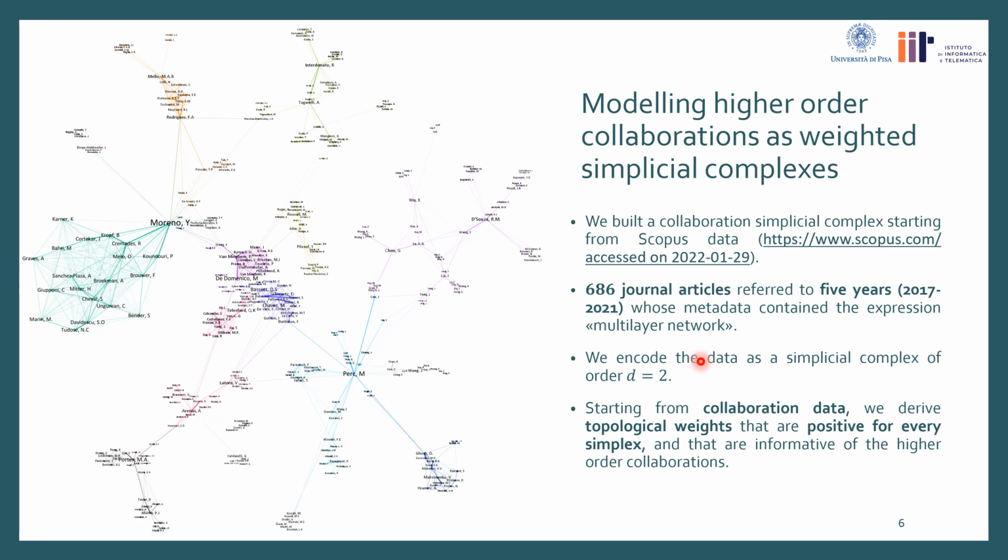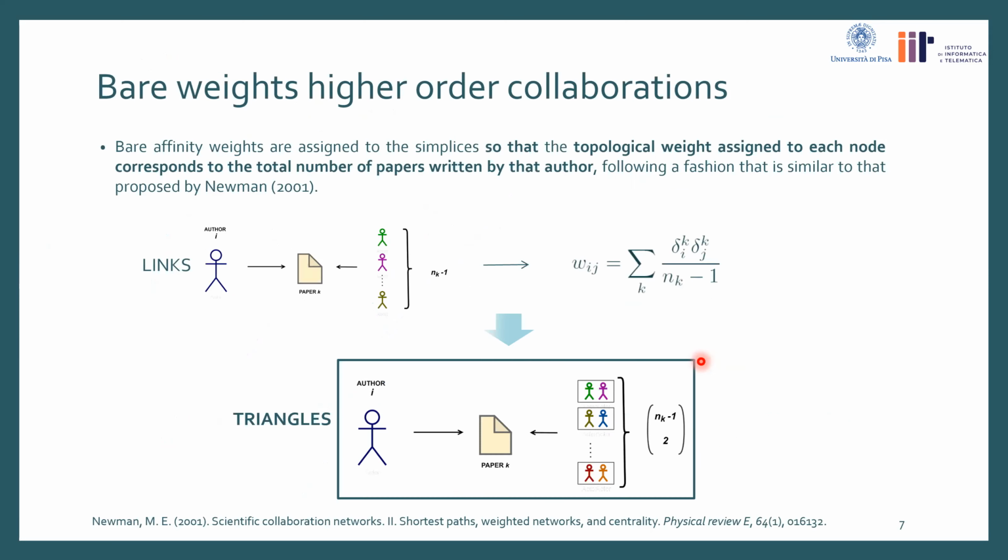Now the nice thing in this application is that by generalizing a widely adopted classical bare weight assignment for collaboration networks, using that convention of bare affinity weights, the resulting topological weights have a very nice property that we will see in a minute.